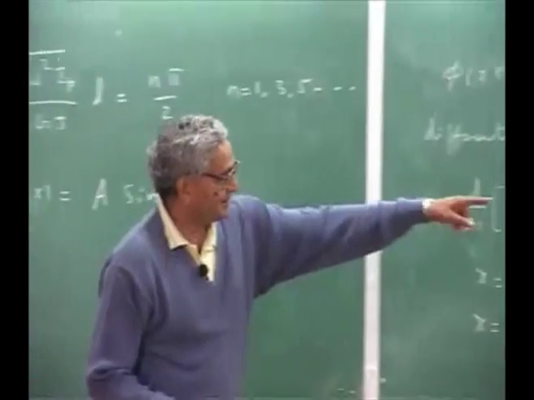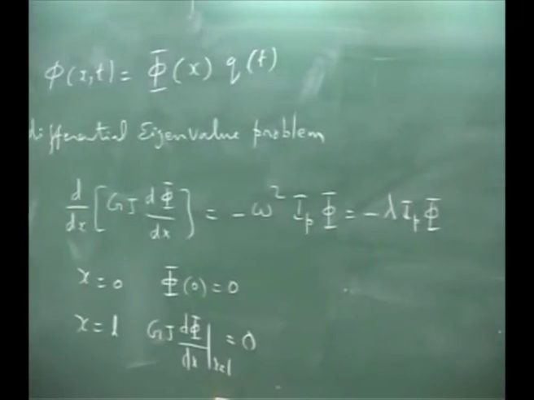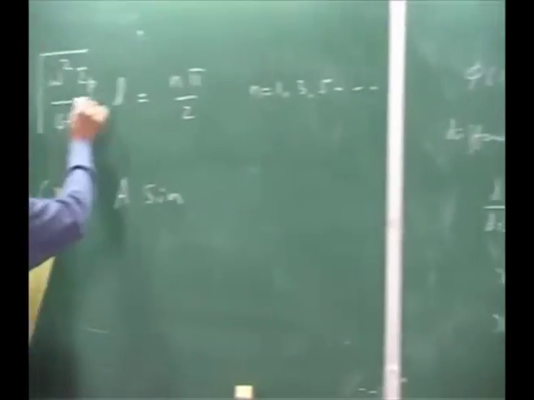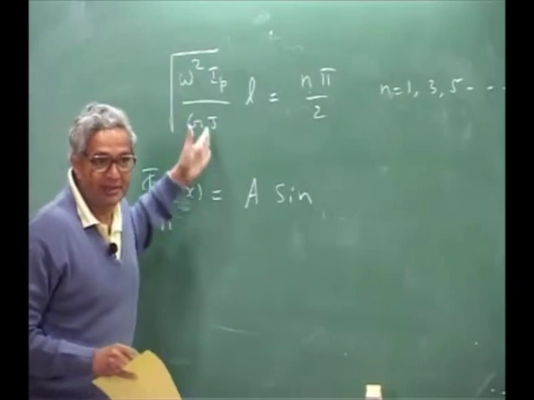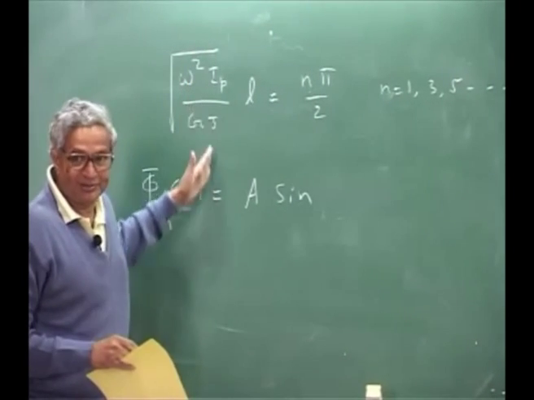When n equals 1, ω1, ω2, ω3, like that you will have lots of values.